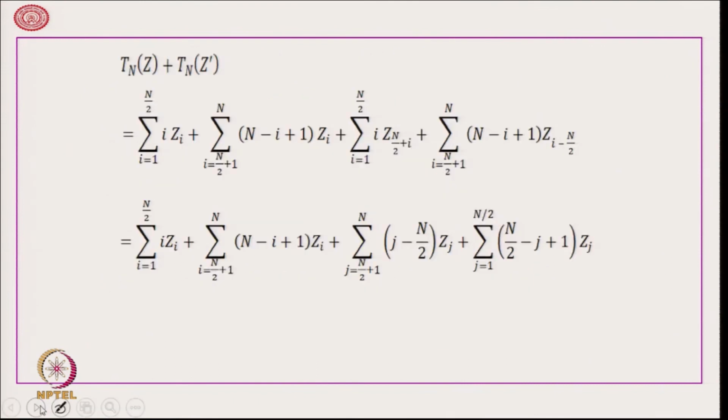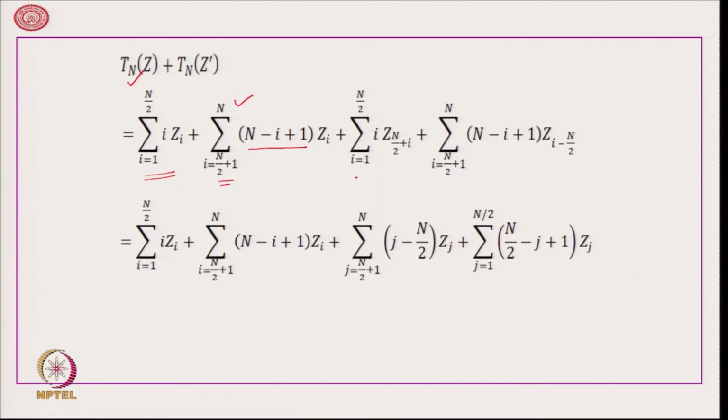T_n(z) plus T_n(z prime) is equal to sigma over i equal to 1 to n by 2 of i z_i, and i equal to n by 2 plus 1 to n of n minus i plus 1 times z_i. So, that is coming from T_n(z).